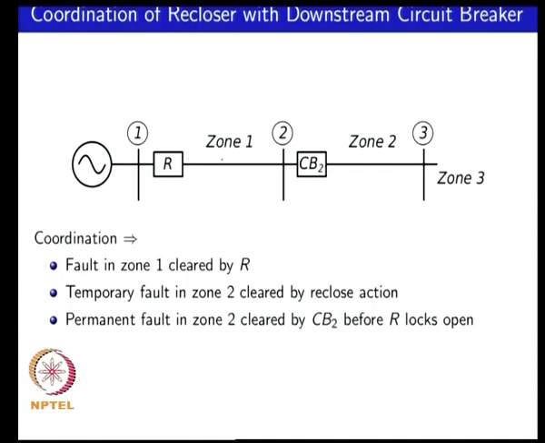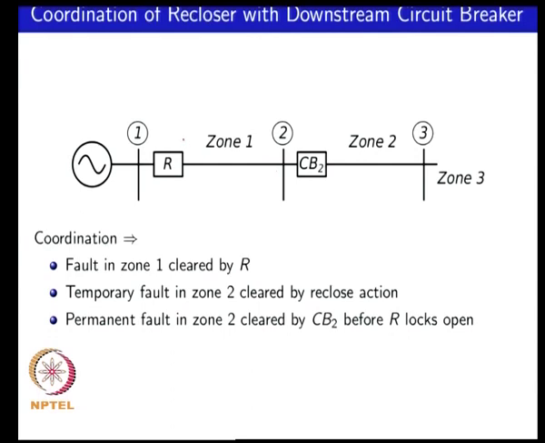Okay. So, if you have a fault in zone 2, CB2 would open, then during the next reclose cycle your zone 1 would go back to normal operation, and it would continue with this particular breaker being open and the section in zone 1 having its normal power feed. Okay.